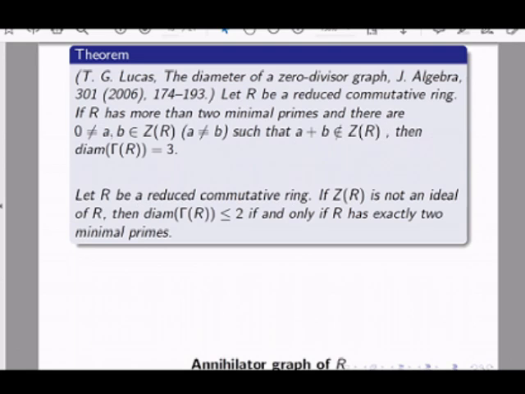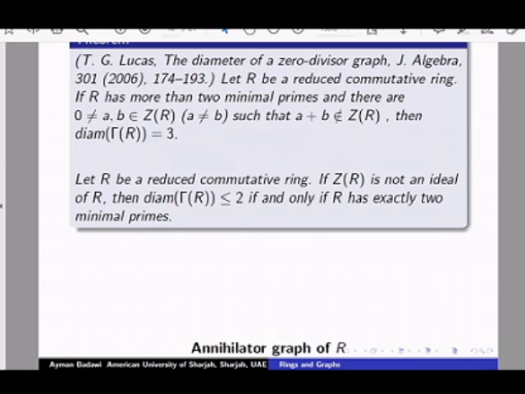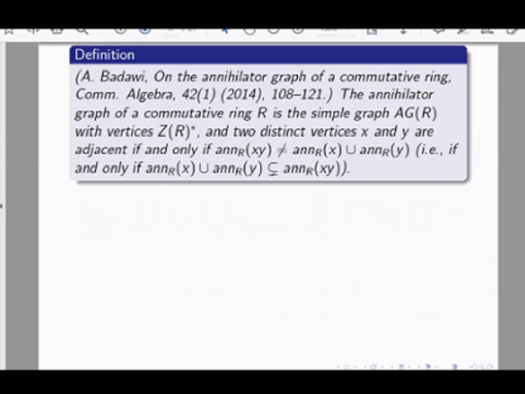Okay, I want to move to another graph quickly because there is a result there that struck me. The annihilator graph. What is the annihilator graph? The annihilator graph was introduced in 2014 by Ayman Badawi.